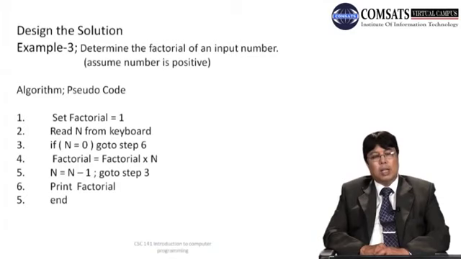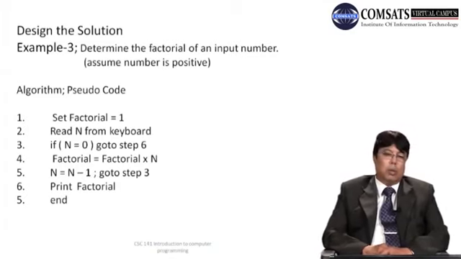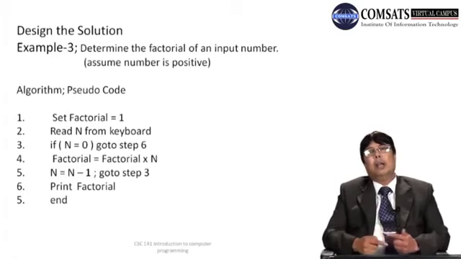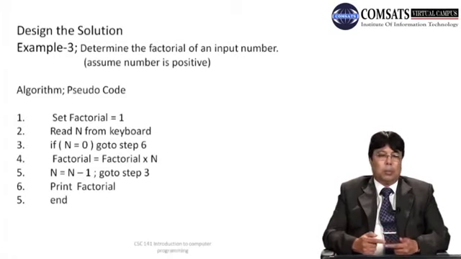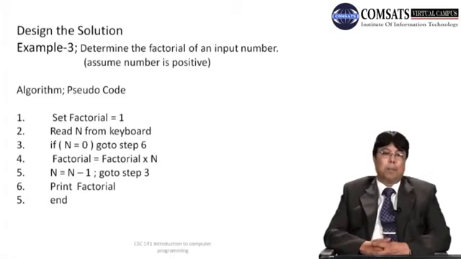So n is equal to n minus 1, reduce the value of n by 1 and go to step 3. Since you keep on reducing the value of n, so 5 से 4 होगी, 4 से 3, 3 से 2, 2 से 1, 1 से 0. So whenever it will be 0, you will come out of this sequence of execution 4 and 5.